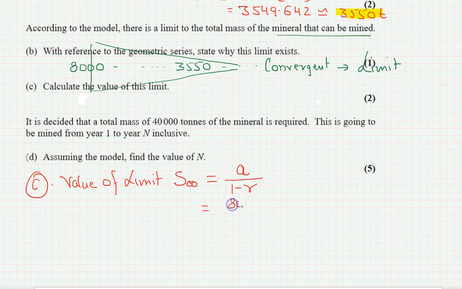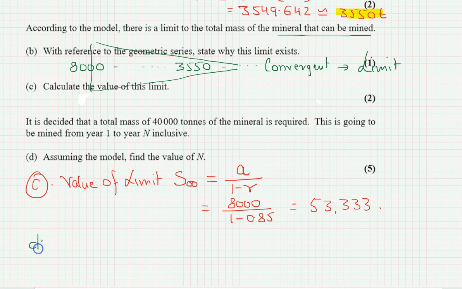So that is 8000 over 1 minus 0.85. So that is 53,333. So that's the limit.